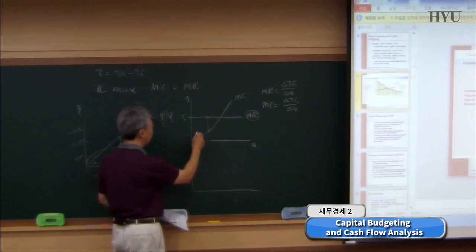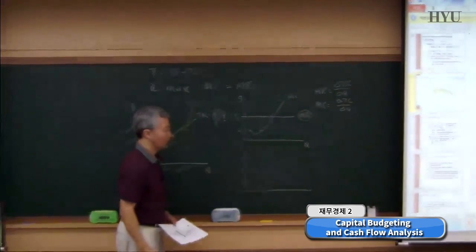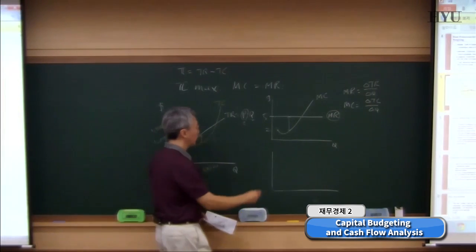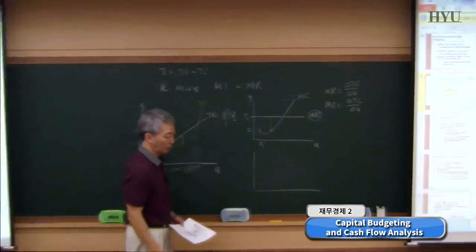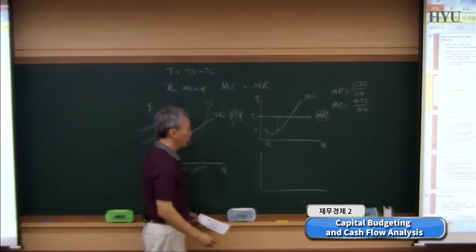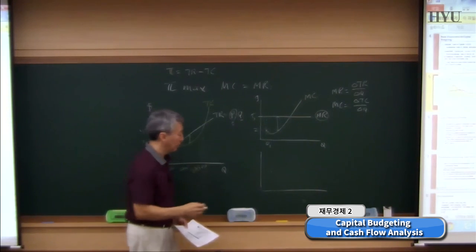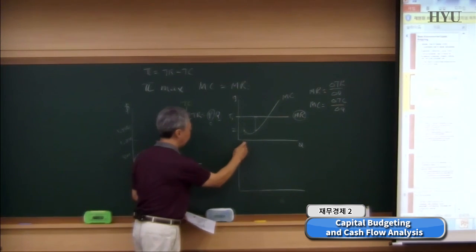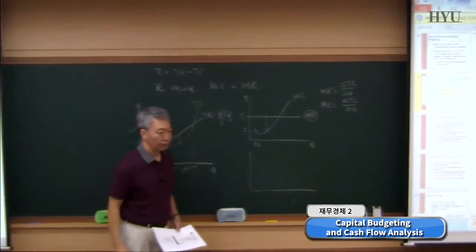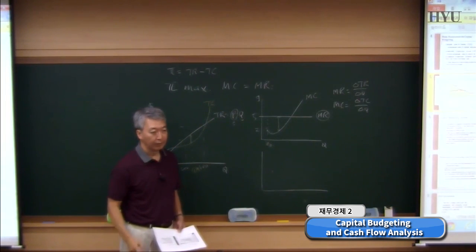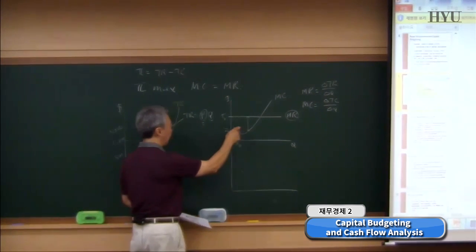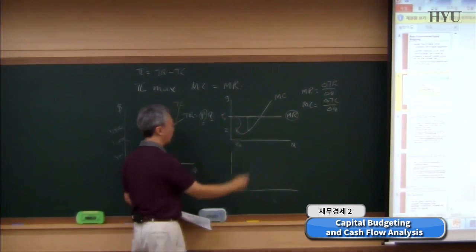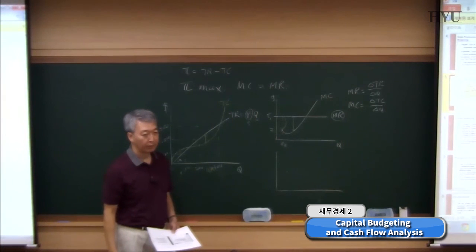So let's say at this point, it was $2, right? So if you produce, say, Q1 units of output, let's say it was 50 units of output, that 50th unit of your total output added $3 to your total profit, right?